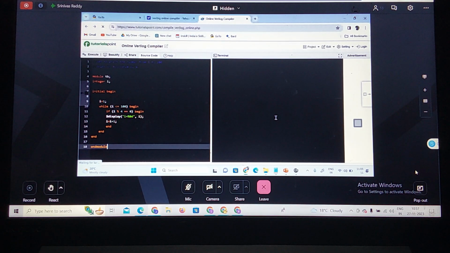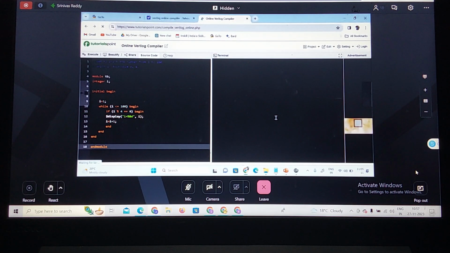Can you think of printing all the prime numbers? Can you take this assignment? Write a program to print all the prime numbers from 2 to 100. What are the prime numbers from 2 to 100? 2, 3, 5, 7. What is a prime number?